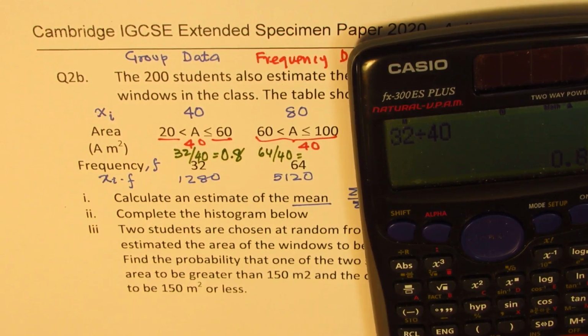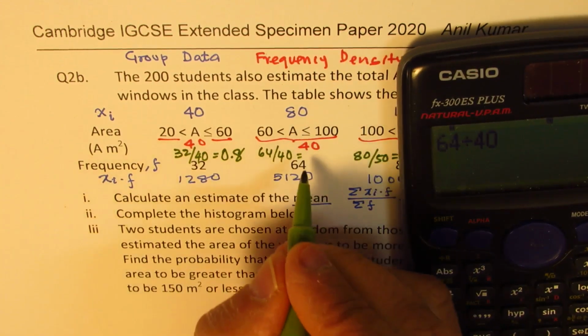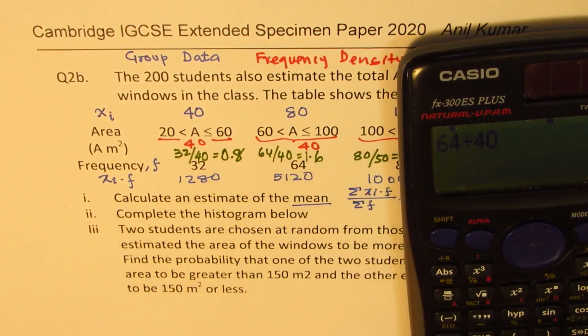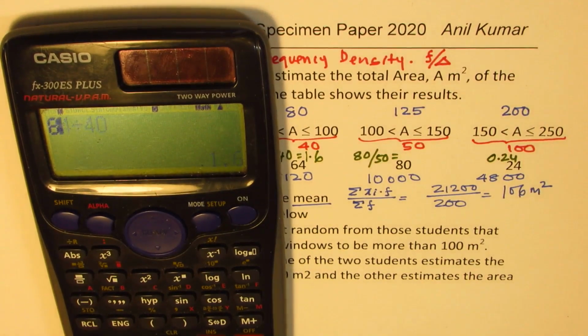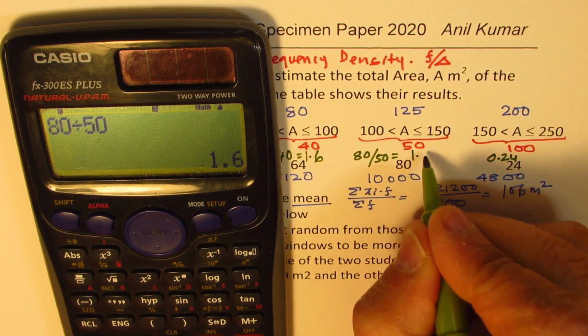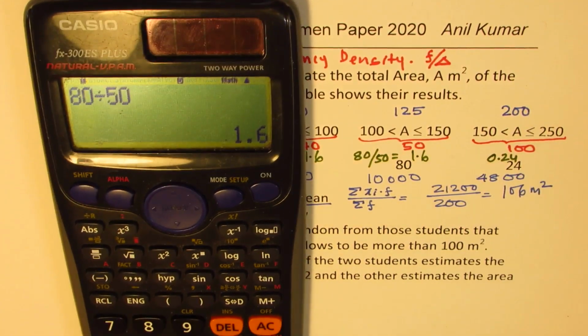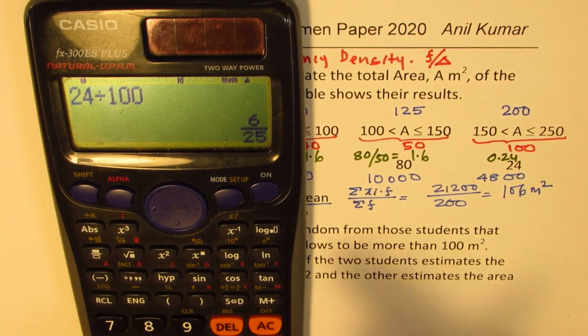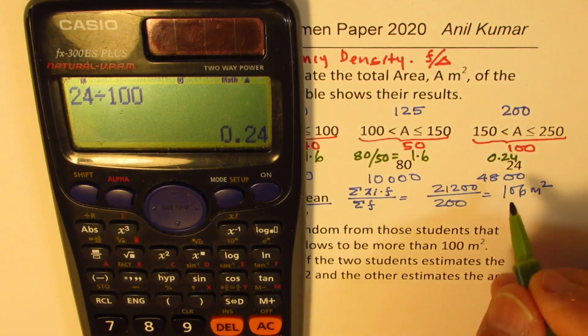The second one is 64 divided by 40, which is in decimals 1.6. The third one here is 80 divided by 50, which is in decimals 1.6. The last one, of course, is 24 divided by 100, which is in decimals 0.24, correct?